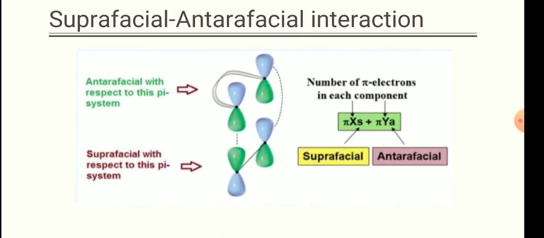But here if you look, the first two pi orbitals from the diene and dienophile are in the same phase, but the other is not in the same phase. So to interact, one of the pi orbitals has to rotate to get its interaction. That's why this type of interaction is called antifacial.